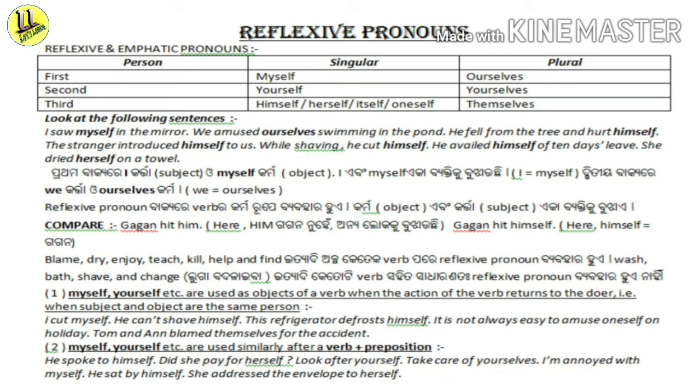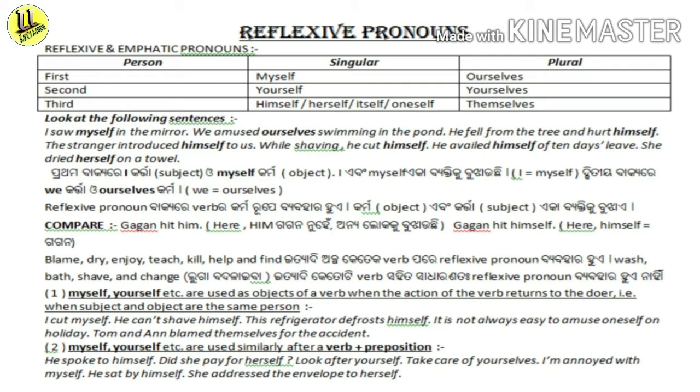And the second point is also about myself, yourself, that are used similarly after a verb plus preposition. Now we will take examples. He spoke to himself. Did she pay for herself? Here you see to, for, these are prepositions, and just before them, spoke, pay, these are verbs.